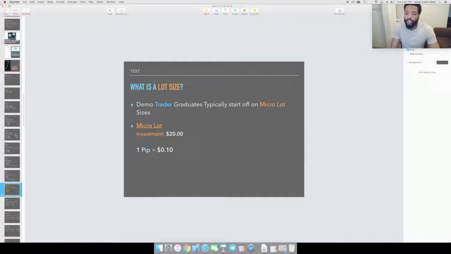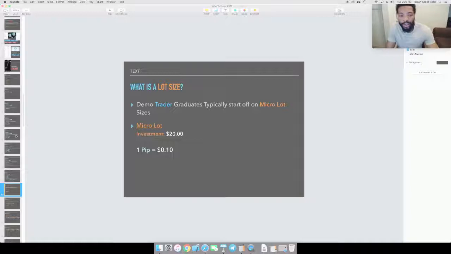So you want to start off small. You don't want to start off losing or making hundreds of dollars. You want a controlled amount, which is micro lot sizes, where you're only losing pennies or dollars, and you're getting more consistent on the live account. That's why you'll start off with micro lot sizes.